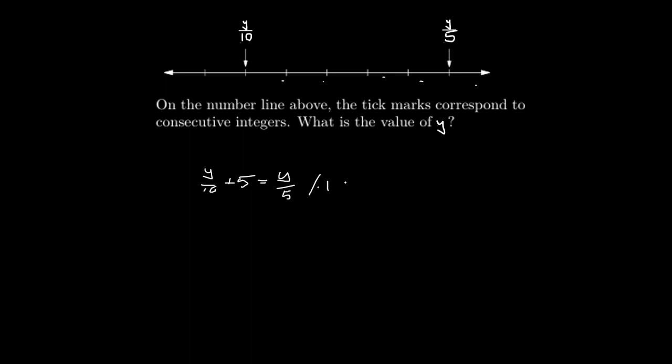And now we just solve for y. So multiply by 10, so we won't have any denominators. y plus 50 equals 2y. Subtract y. 50 equals y. And that's the solution.